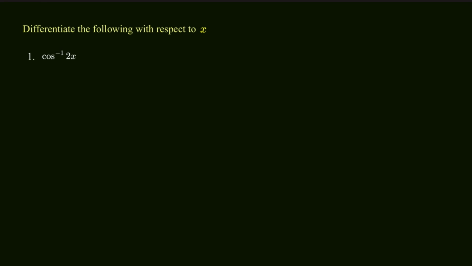Question number 1, cos inverse of 2x. So let y equal cos inverse of 2x, differentiating both sides with respect to x.